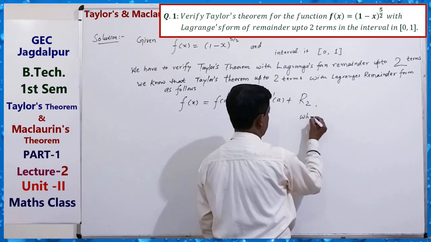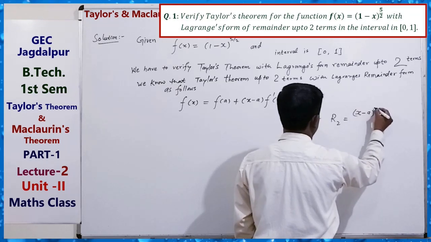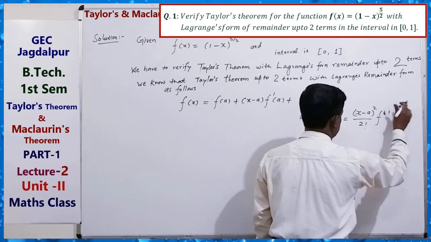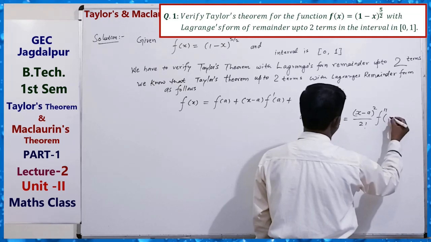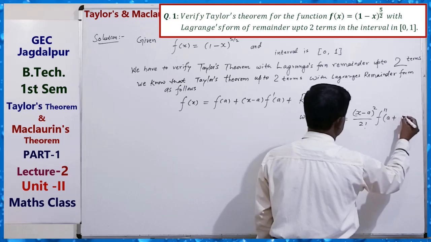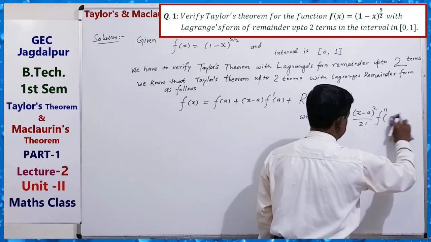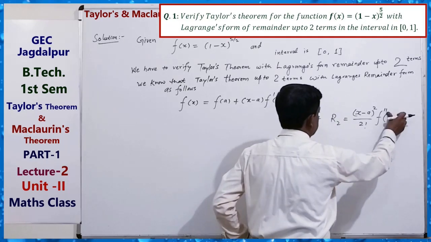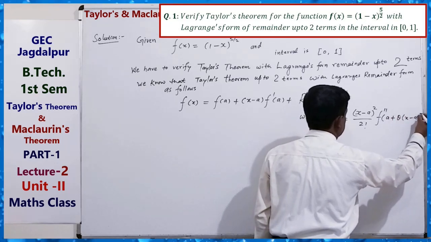Where R2 equals (x minus a) power 2 by 2 factorial f double dash (a plus theta (x minus a)).